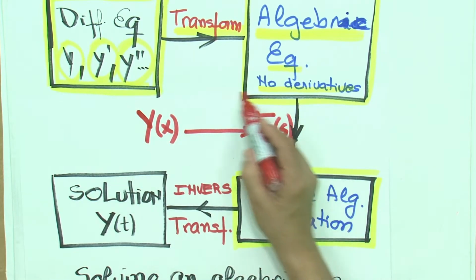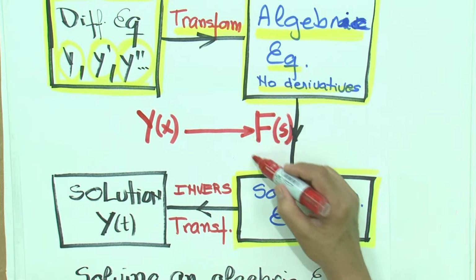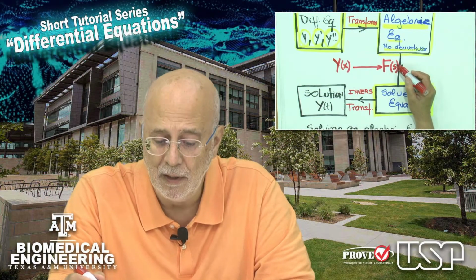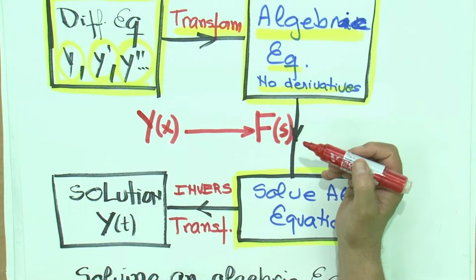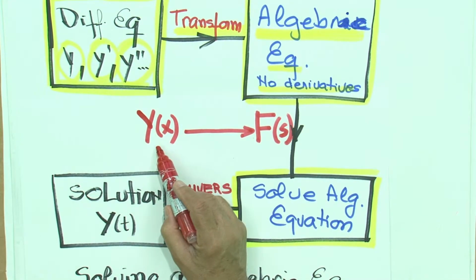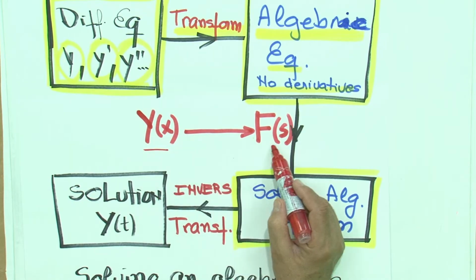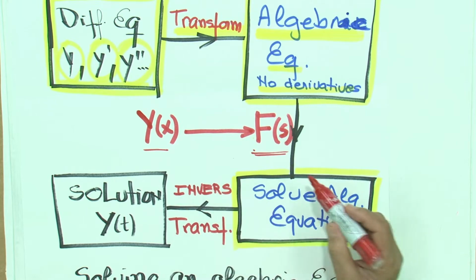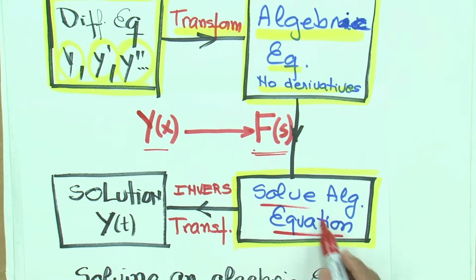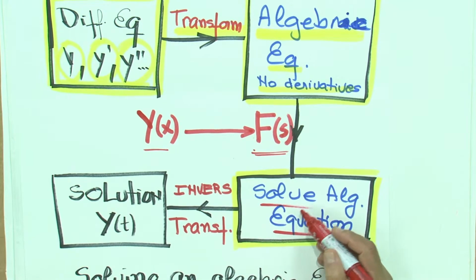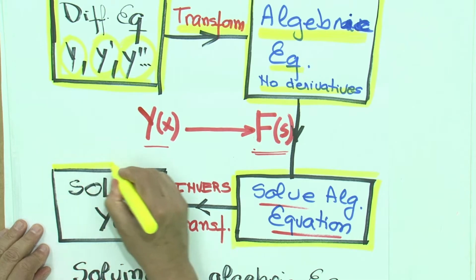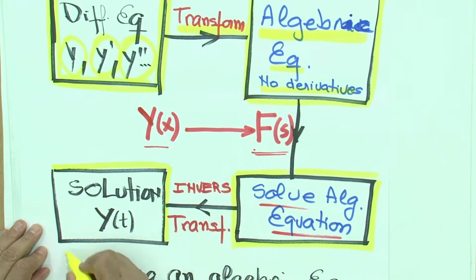So we make this modification, and then we solve in this new function. But since we know how to transform the function y in some equation into some function f of s, we are able to now solve the equation in f and do the inverse transformation. Now we take the problem and we return to the original function.